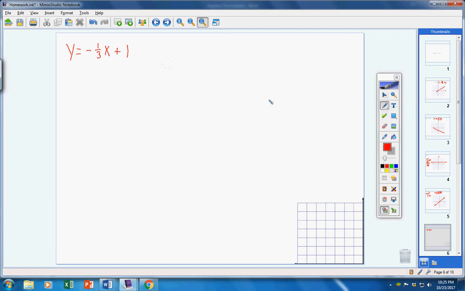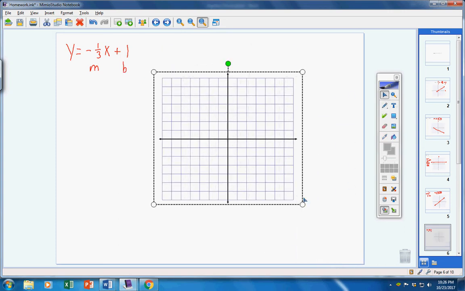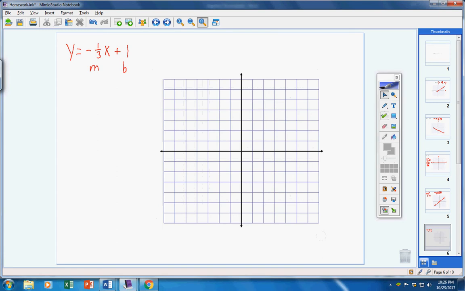The number beside my x is my slope. My constant term is my b. So, next step, we plot our y-intercept, and our y-intercept is 1. So, let's go to the y-axis, put a point at 1. Now, we find our next point by using our slope.